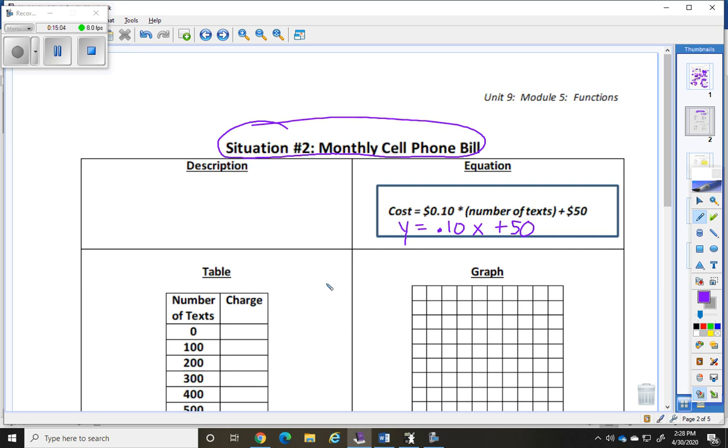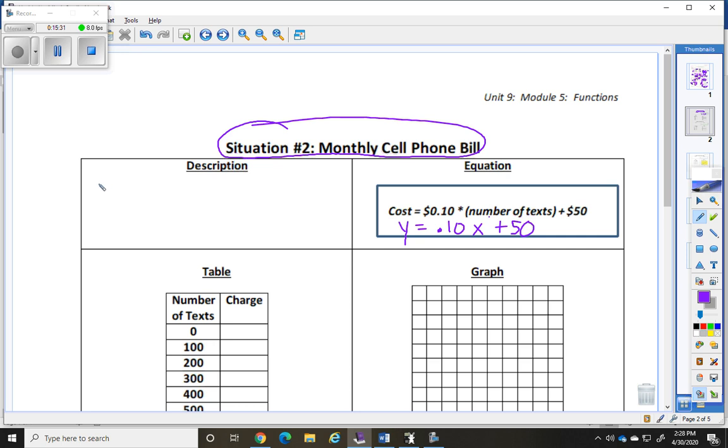But anyway, if it's 10 cents for the number of texts, what could this extra $50 be? Well, you usually have to pay a certain amount to maybe have a device or to have your phone on a plan, and then maybe you pay extra. I know everything nowadays is unlimited: unlimited data, unlimited text, unlimited calling. Crazy, right? So let's just think of the olden days.